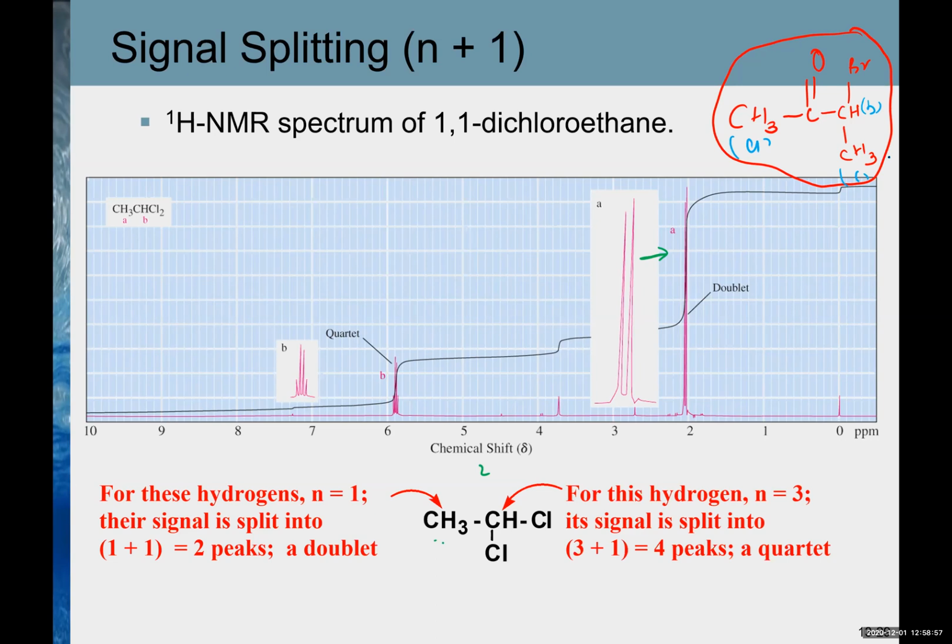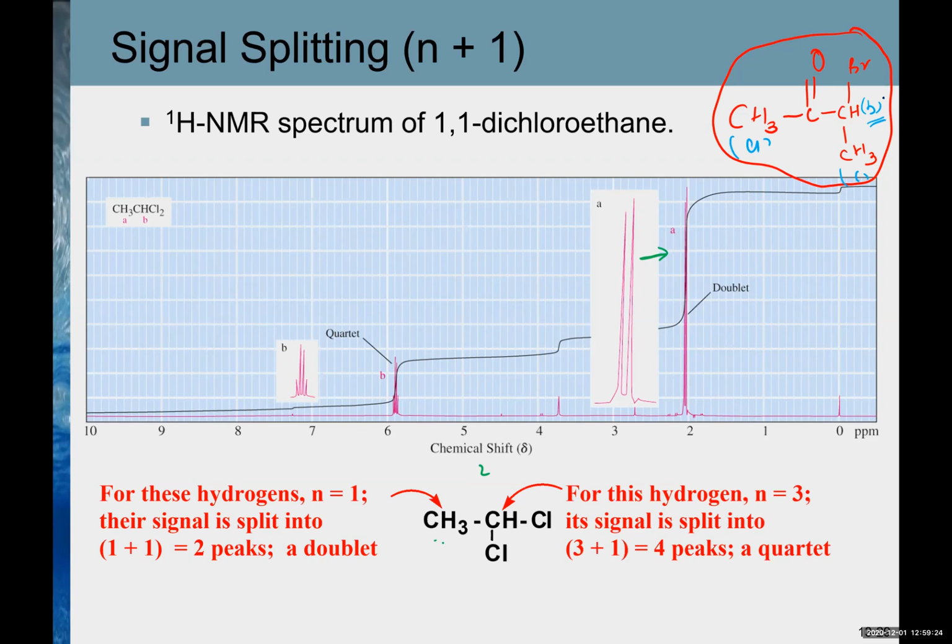Signal from B will split into 4, because in the neighborhood there are 3 hydrogens and it will split into 3 plus 1, 4. How about signal from C? 2. So C will give us a doublet, B will give us a quartet, and then A will give us a singlet.